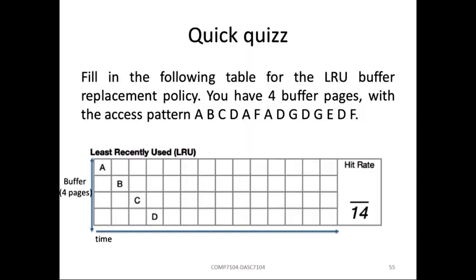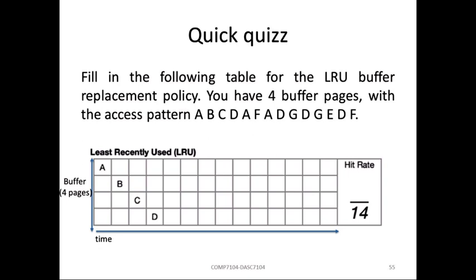Okay, so here is another quick quiz for this section. We have 4 buffer frames, organized vertically here. And each column in this matrix gives the state of the buffer at a given time step.